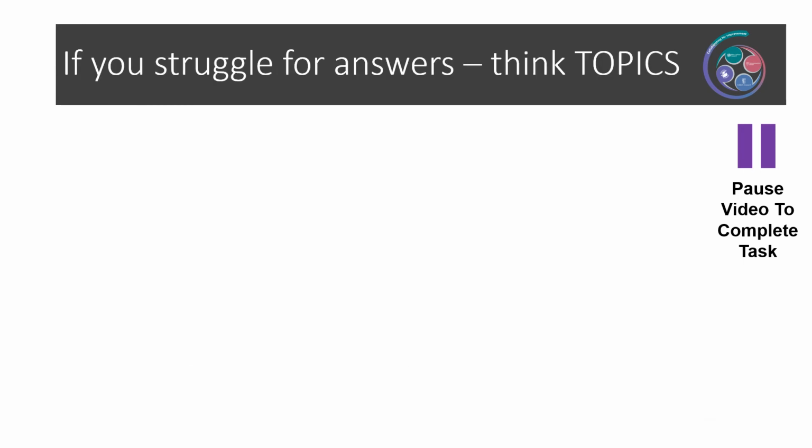Now, another top tip, if you struggle for answers. So say for example something comes up and you haven't got a clue what you're talking about, right? And it's a discuss question. I know it's not ideal, but if you think topics, then it might spark your memory into an answer.